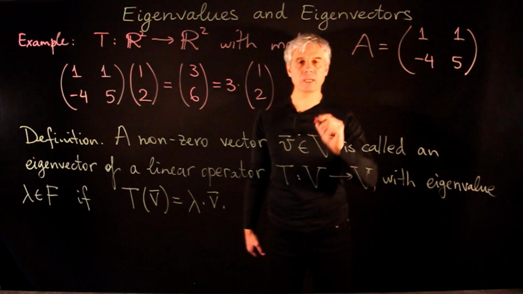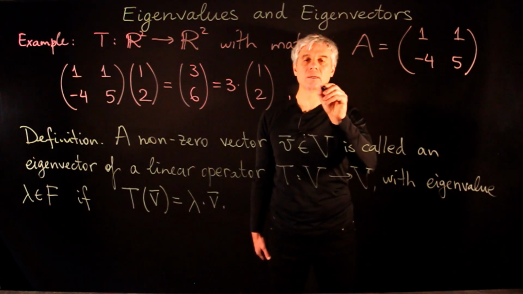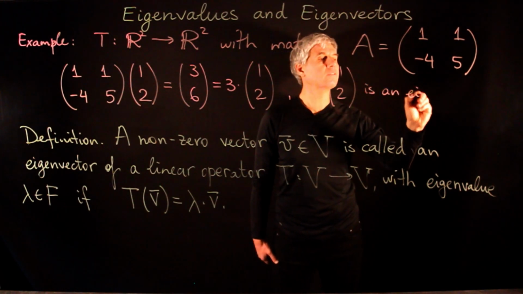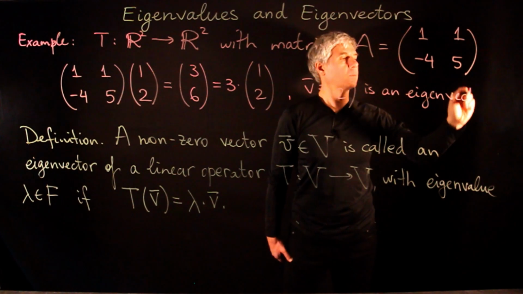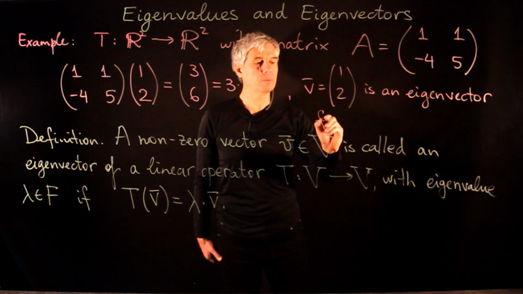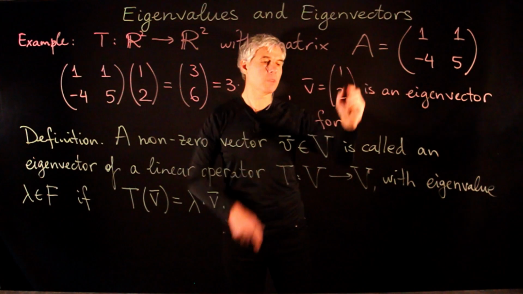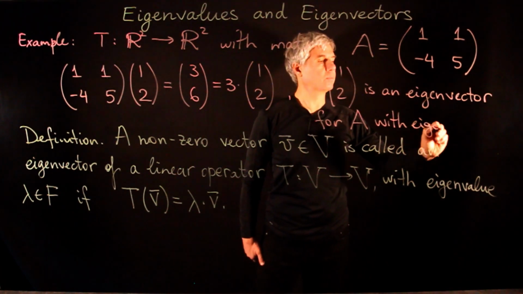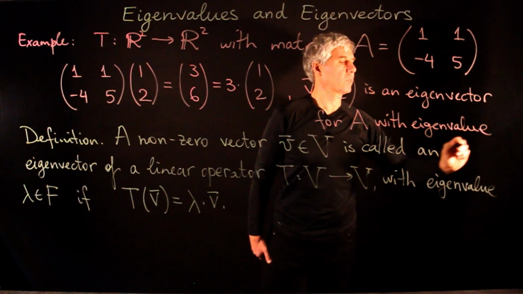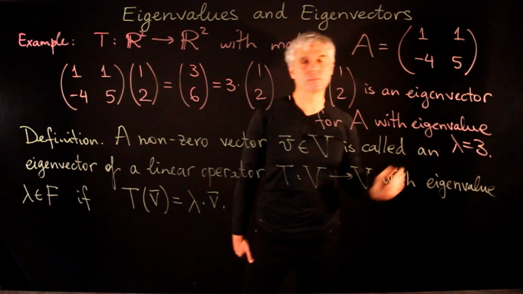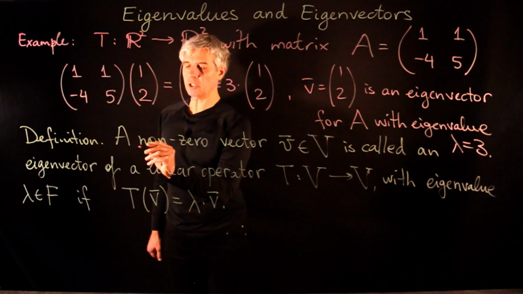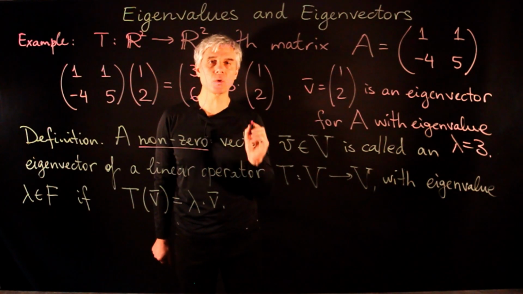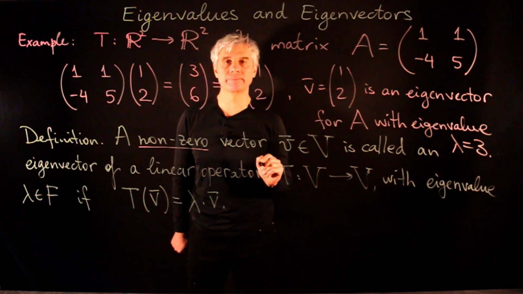So the conclusion here is that the vector v = (1, 2) is an eigenvector for operator T or for the matrix A with eigenvalue lambda equals 3. We point out that in this definition we have a requirement that this vector must be non-zero. So the zero vector is not considered to be an eigenvector.